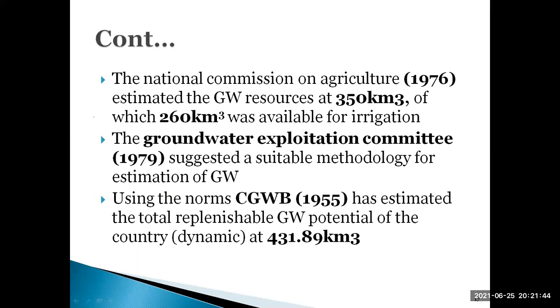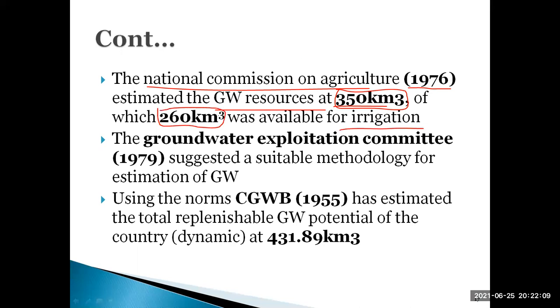The National Commission on Agriculture, in 1976, estimated the groundwater potential to be 350 kilometer cube, out of which only 260 kilometer cube was available for irrigation.